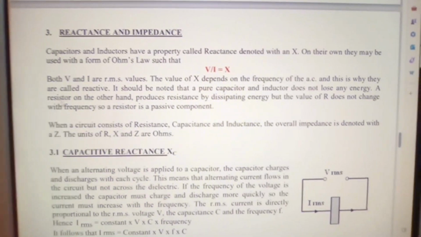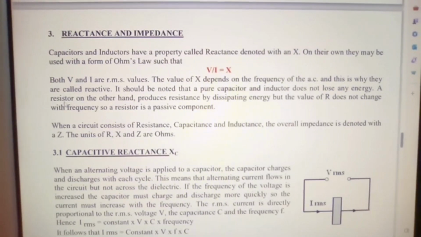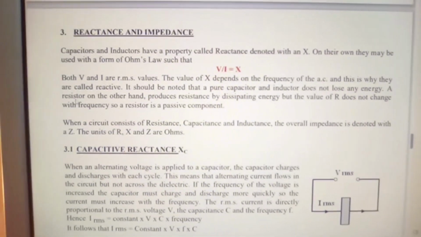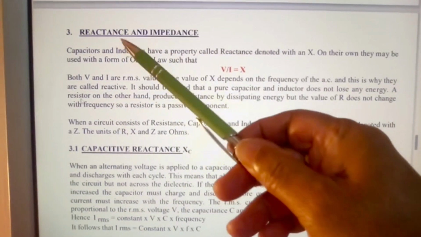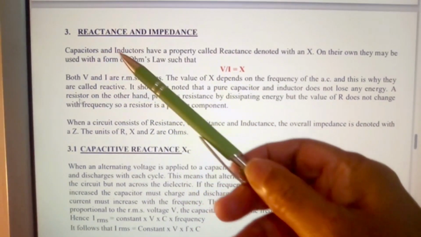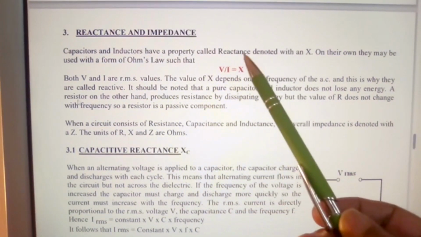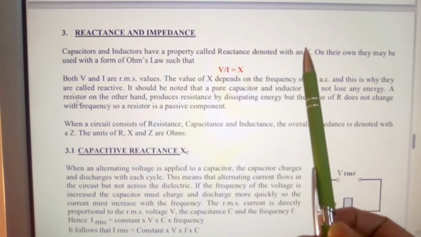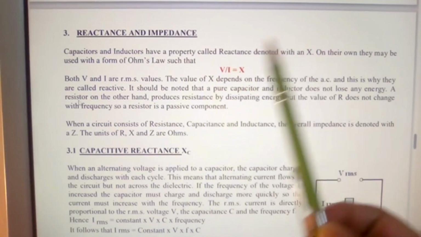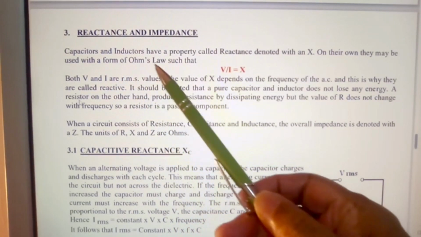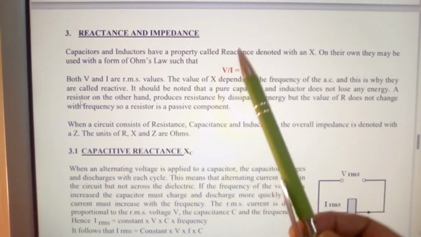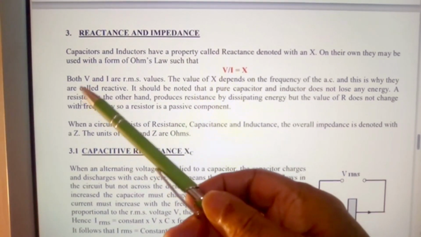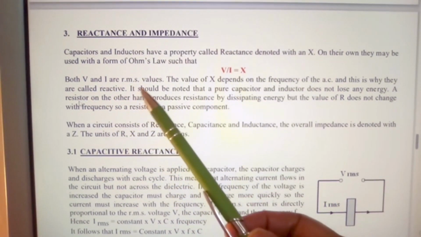Reactance and impedance. Now I must admit, this has always interested me. Capacitors and inductors have a property called reactance, denoted with an X. On their own, they may be used with a form of Ohm's law such that X equals V over I. Okay? Both V and I are RMS values.